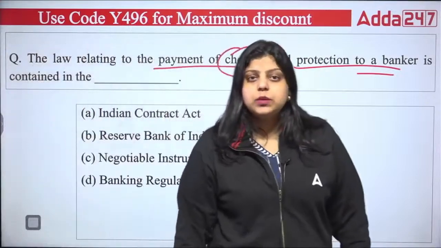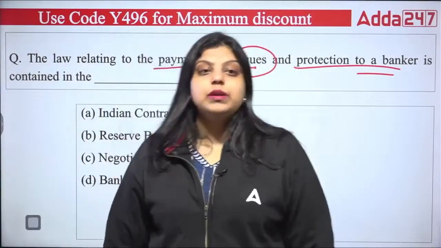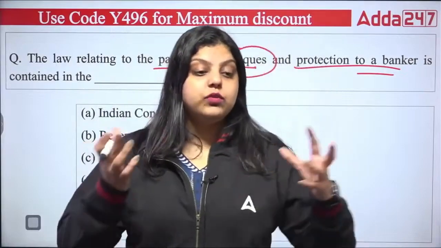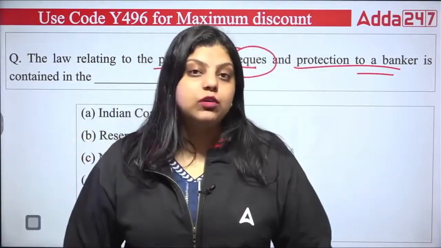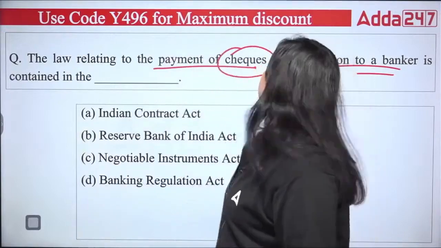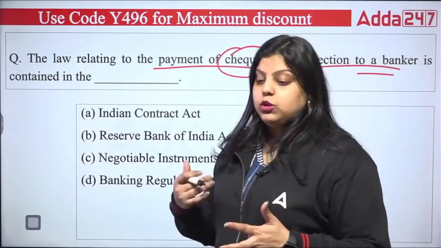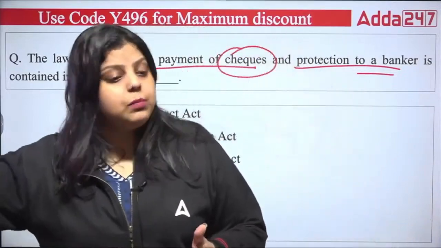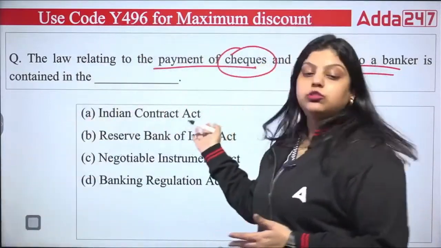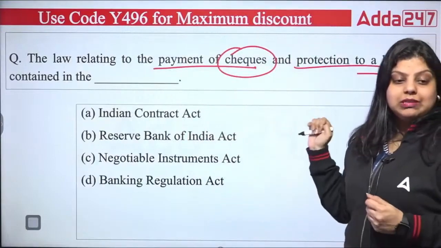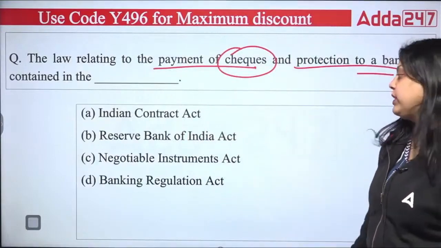A check is a negotiable instrument. Negotiable instruments are those instruments which can be transferred from one party to another for the purpose of payment. And here check is a negotiable instrument because you can use it for payment, you can negotiate it, you can endorse it from one person to another person. That's your check.